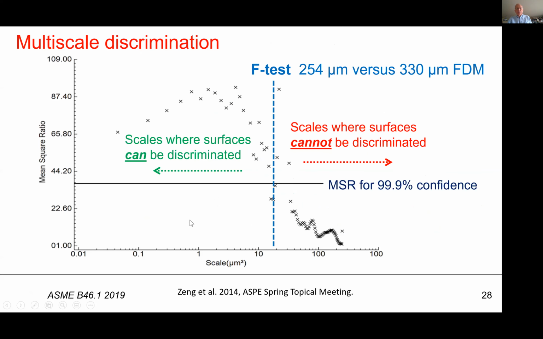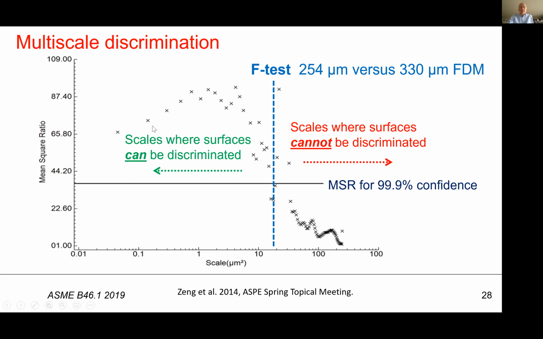Now, we can calculate the mean square ratio. So this is an F test. This is a test for statistical discrimination. And the mean square ratio has limits that tell us how confident our discrimination is. So if we want to discriminate with 99.9% confidence, meaning that we would be able to distinguish these surfaces 999 times out of 1,000 if we did a similar test, right here we're going to be doing better because this is the cutoff limit.